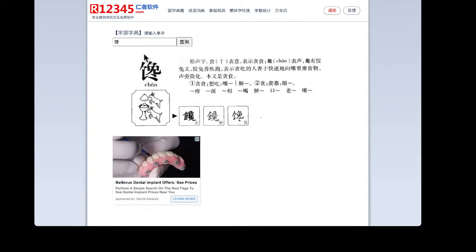So let's take a look at that. Because it refers to food, it has a food radical on the left. That's obvious. And on the right hand side is the word 毚, referring to a type of rabbit that runs very fast and eats very fast.